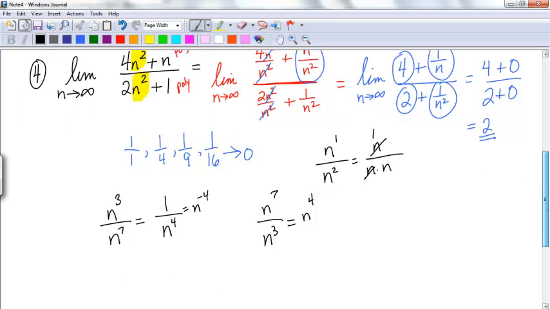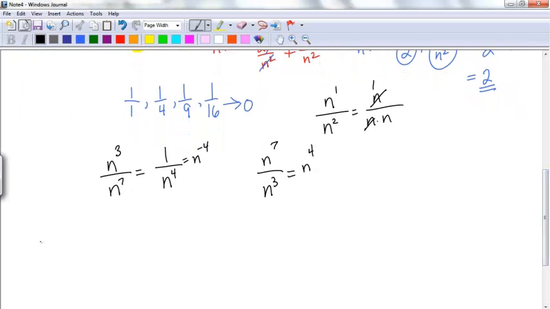Okay, let's keep going. Another example. Say I had the limit of negative 1, put that in parentheses, negative 1 to the n power as n approaches infinity. You need to look at this sequence.